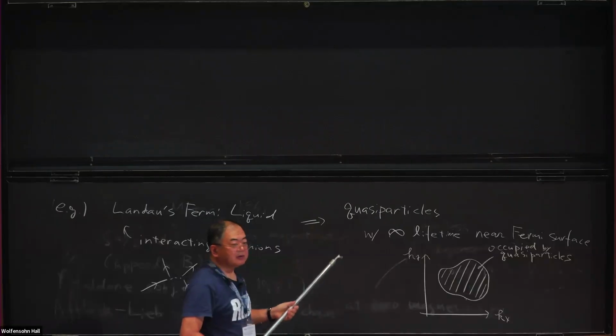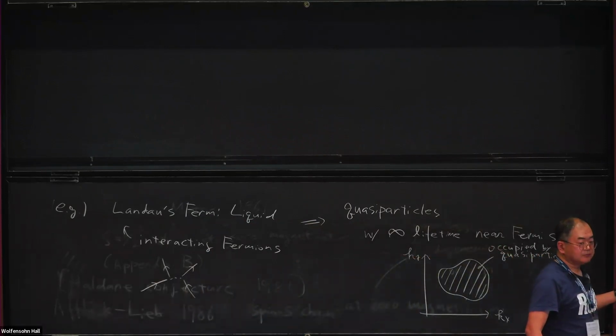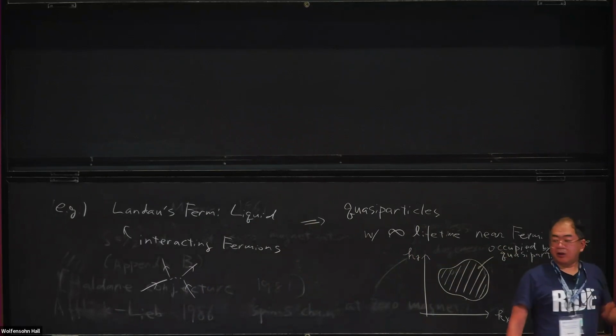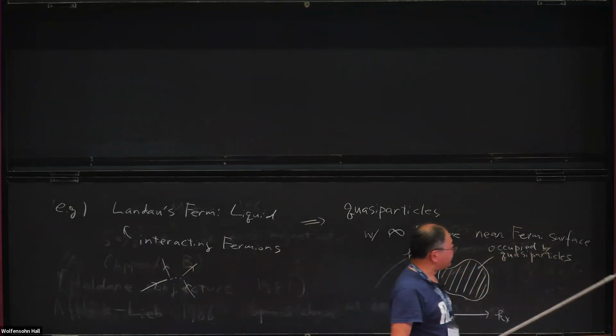In the FL star state, the Luttinger theorem would apply to both species of quasiparticles, right? It's similar, but instead of up and down, you have different quasiparticles. Are you asking about FL star?